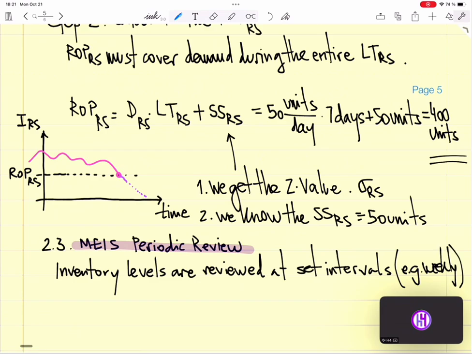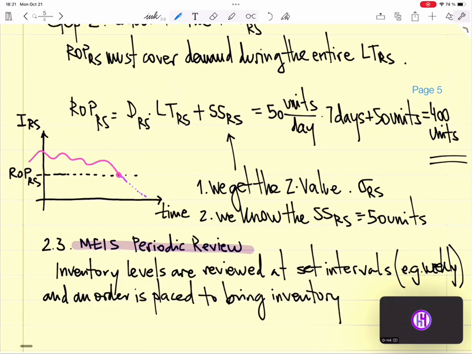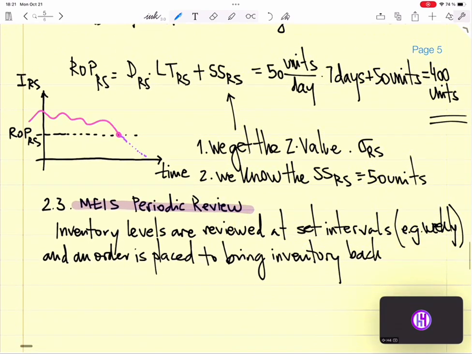And an order is placed to bring inventory back to a target level.